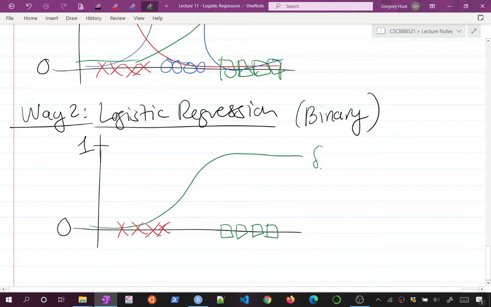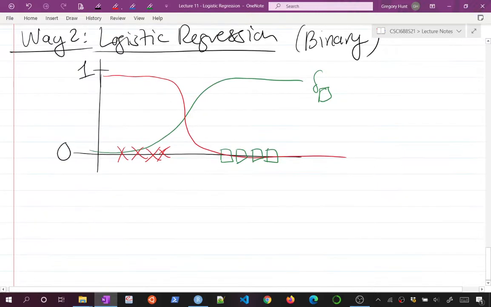And so this is delta, let's say, square, and these are so-called sigmoidal functions because it's kind of S-shaped. And then my corresponding red would look something like that. Close to 1 over the red class, close to 0 over the other class, right? So logistic regression basically proposes we do this directly.